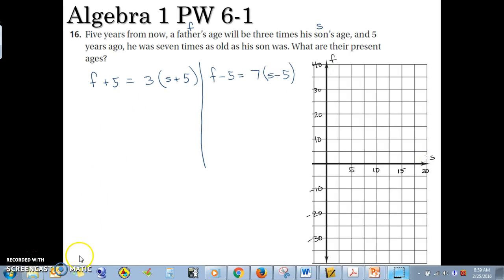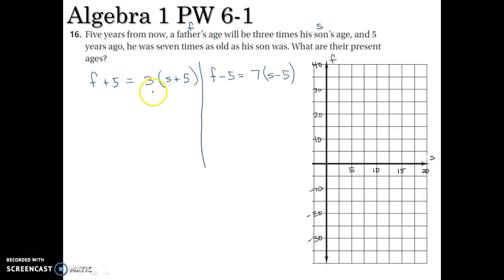So now when I graph this, I am going to want to convert this into slope-intercept, because that is a fun way to graph. So I'm going to distribute 3 times S and 3 times 5. That'll give me F plus 5 equals 3S plus 15.